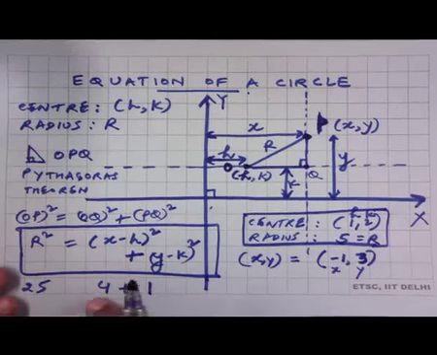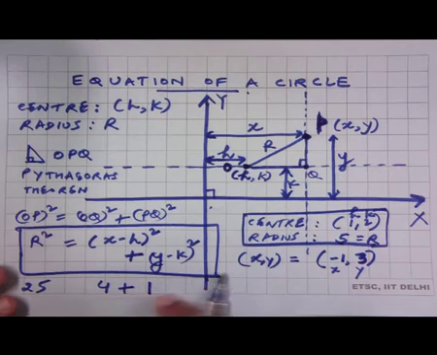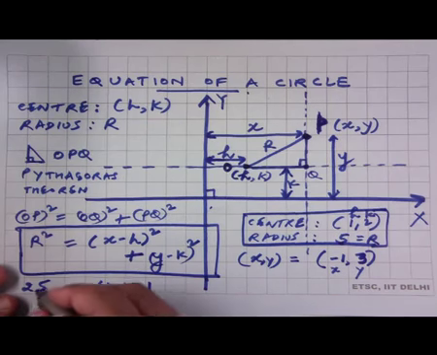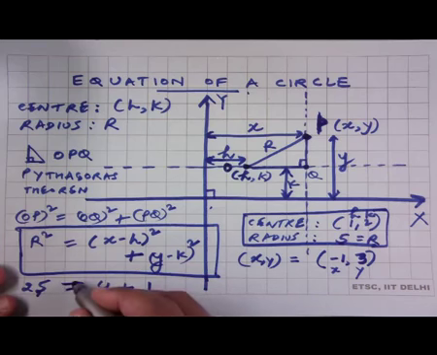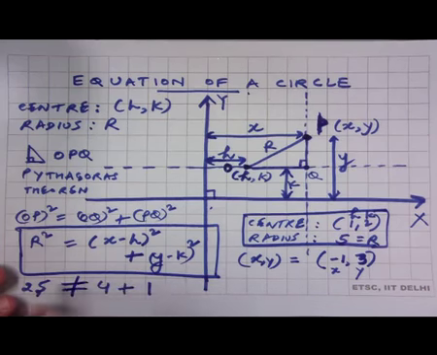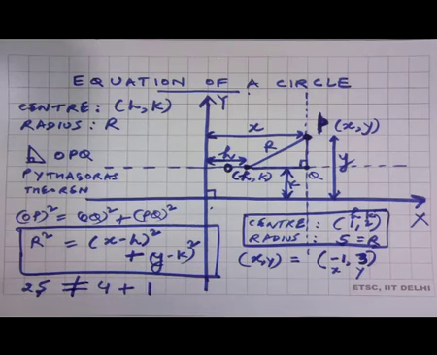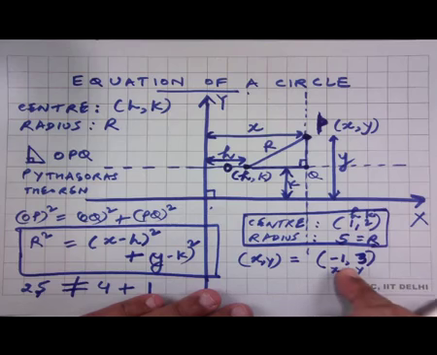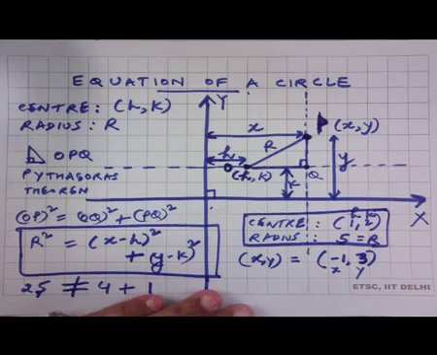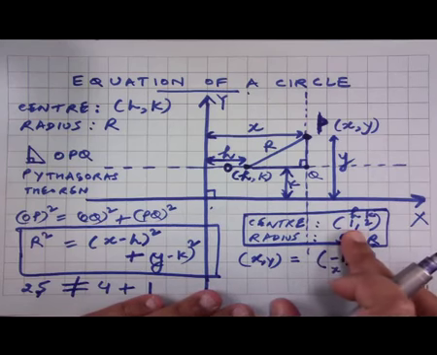So on the right hand side we have 5, on the left hand side we have 25, and they are not equal. Hence, this point (-1, 3) does not lie on the circle having center at (1, 2) and radius 5.